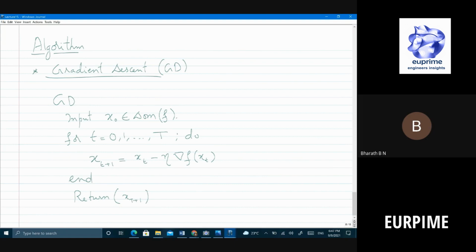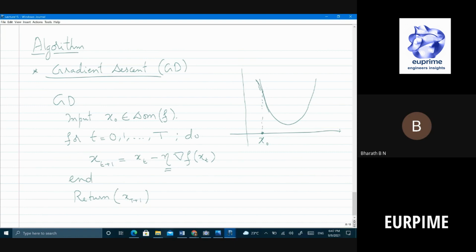Now, geometrically, what is it that we are doing? Is this clear from the diagram? You take some point x naught in the domain. You find the gradient at that point. Now I'm going to move an eta distance in the direction of the gradient. If I take the gradient, you get either positive or negative. Here, what is the gradient?